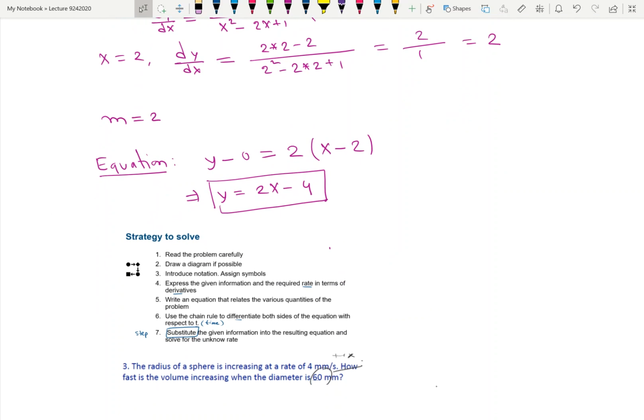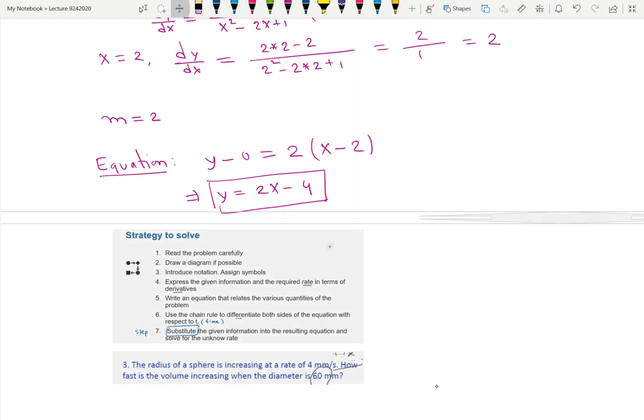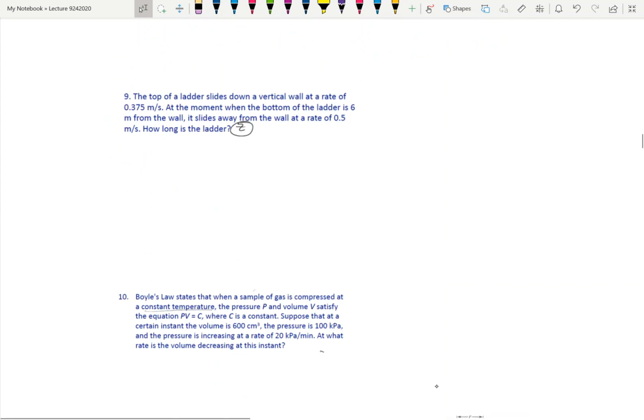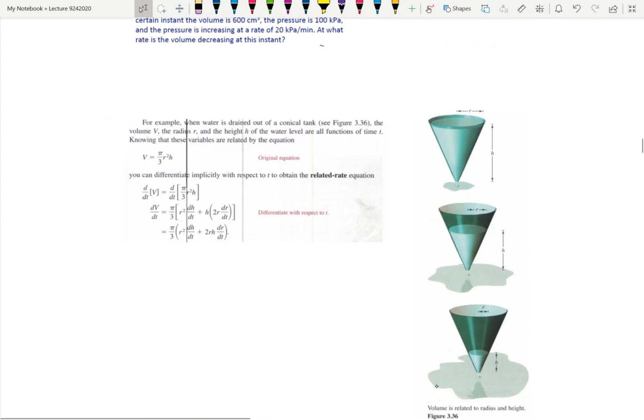Now we will discuss related rates. To get an idea of related rates, I can show you some picture. Suppose we have this conical tank.